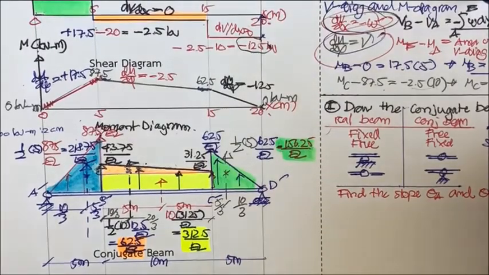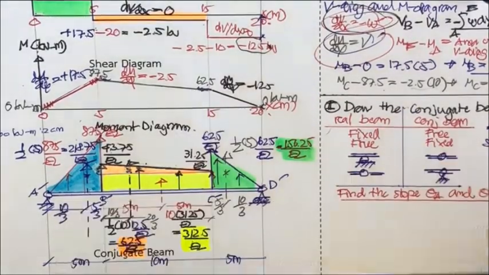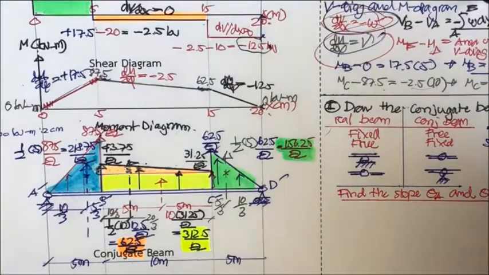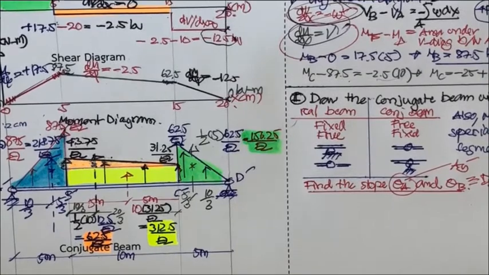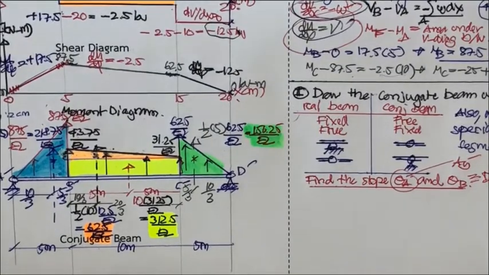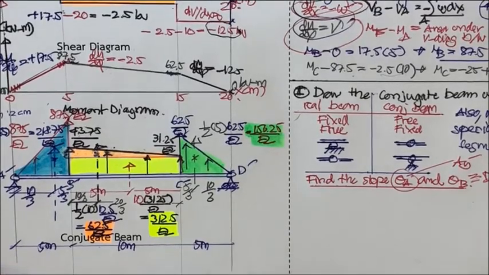So we are going to find both. Both are equivalent to D sub y prime and A sub y prime. That means we are going to find the reactions that occur on the conjugate beam.